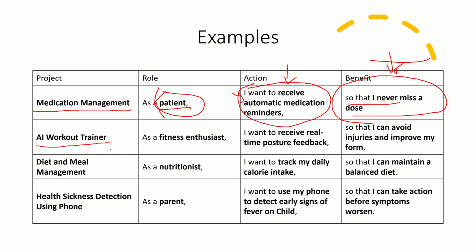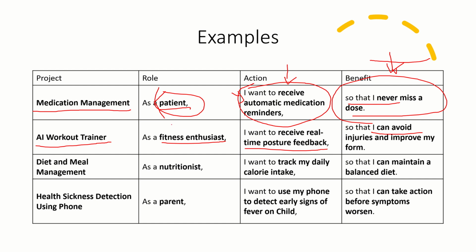Okay, so an AI workout trainer could be for the fitness user. You can see the difference based on level. A very high-level user will probably try a lot of high weight. So they will probably say: I want to receive real-time posture feedback because I want to avoid injuries and improve my form.